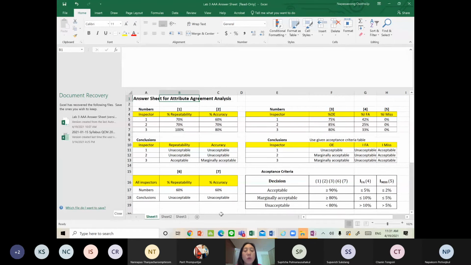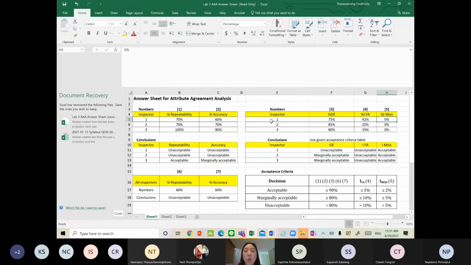And then you have to find where, in this case meaning which inspector and which indicator, you should improve. For example, inspector 1 has a problem with both repeatability and accuracy. And in terms of accuracy, they have a problem with false alarm, not miss.